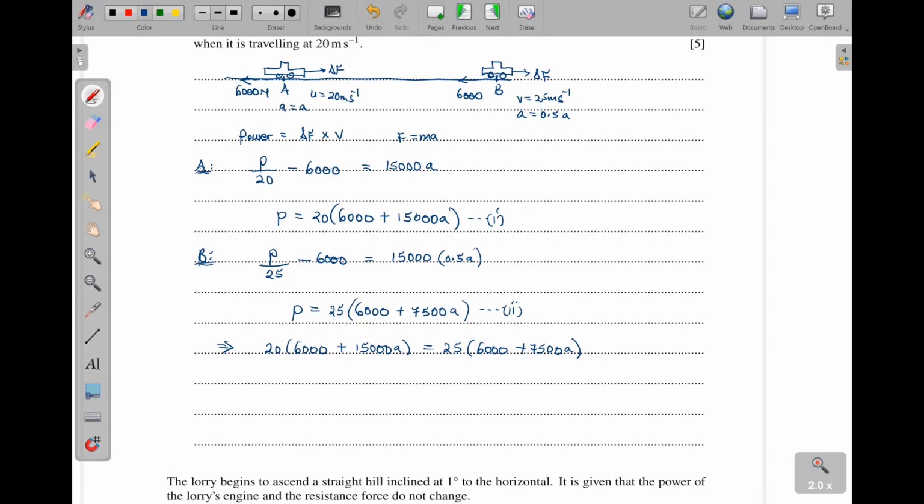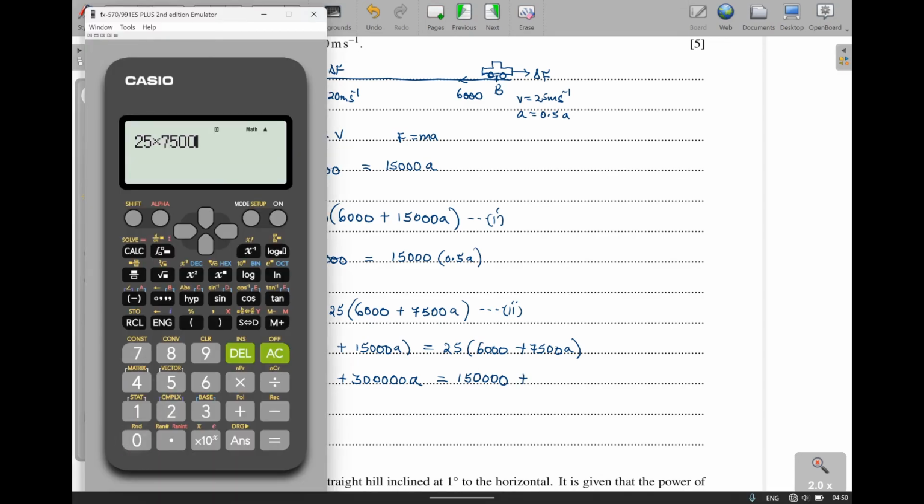When we open the brackets, this one will be 2 times 6, that is 12, and then we can put the 4 zeros, then plus 2 times 15, that is 30, then we can put the 4 zeros, of A. Then when we come to this side, 25 times 6, 25 times 4, you get 100. Then you add on two 25s, so that is 150. So we get 150, then we add on the 3 zeros.